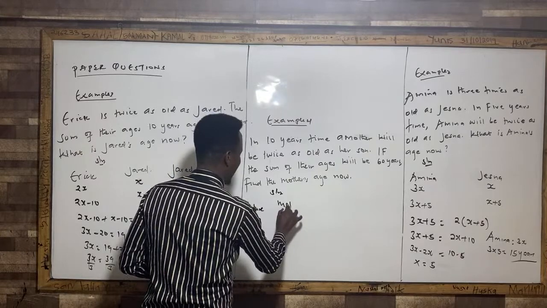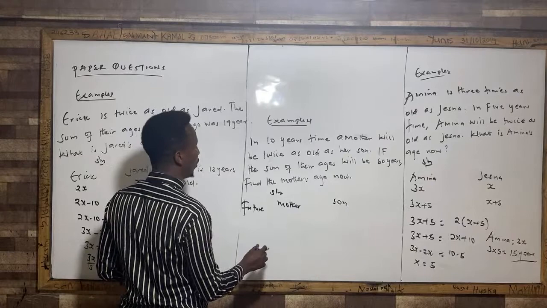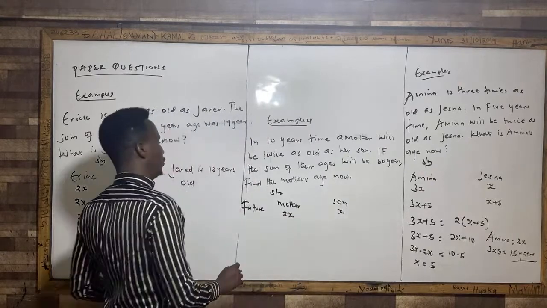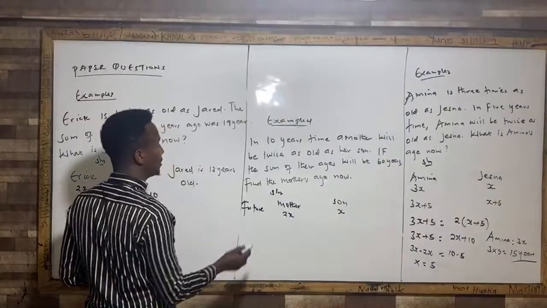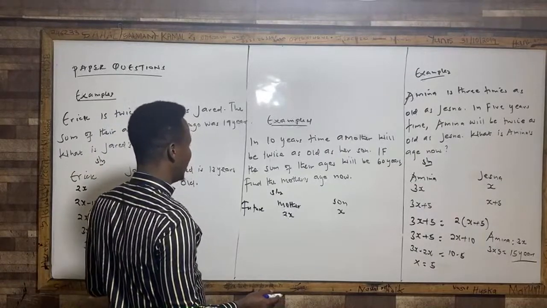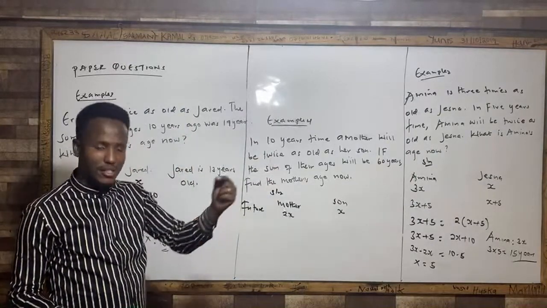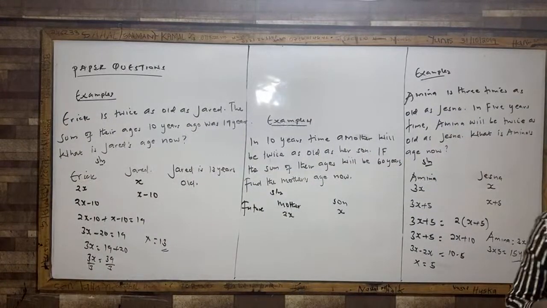So I will have the mother here and her son. In 10 years' time, the mother will be twice as old. Future, okay? Let's come to the present. But you're told if the sum of their age will be 60 years, then what are we going to do?